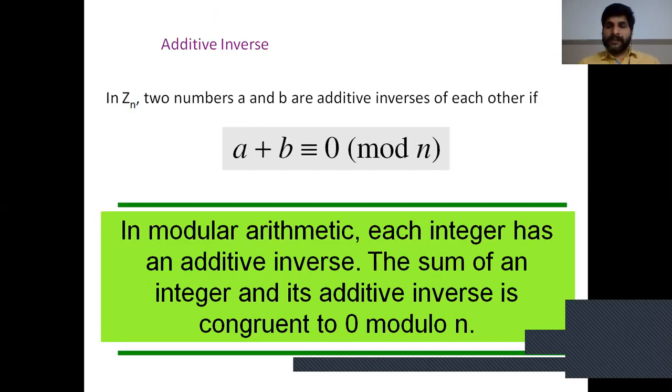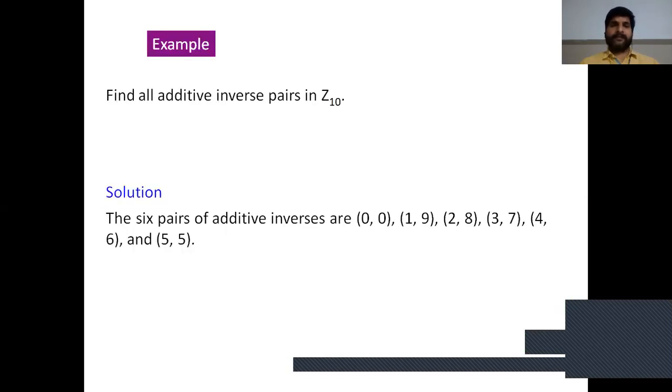Additive inverse: in Zn, two numbers a and b are additive inverses of each other if a plus b is congruent to 0 mod n. In modular arithmetic, each integer has an additive inverse. The sum of an integer and its additive inverse is congruent to 0 modulo n.